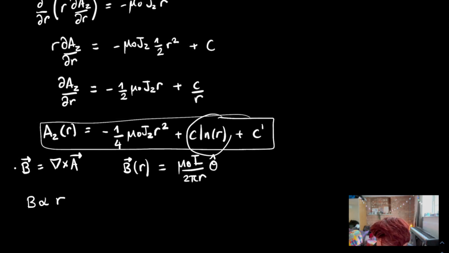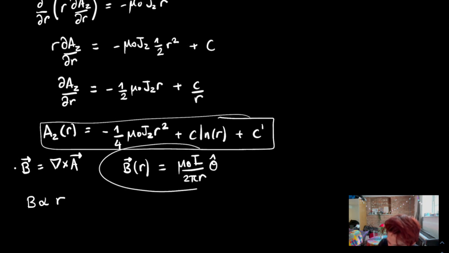But this second term is a log function, and that is characterizing the vector potential outside the wire. Because when we differentiate log r, we get something proportional to 1 over r, which is our more familiar expression for B.